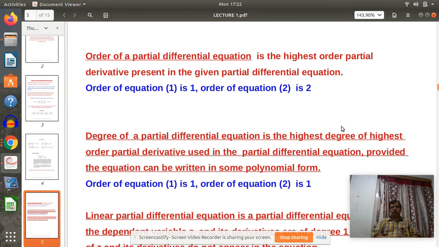Now we have some definitions regarding some parameters of partial differential equations. That is the order of a partial differential equation. As in the case of ordinary differential equations, the order of a partial differential equation is the order of the highest order partial derivative present in the given partial differential equation.